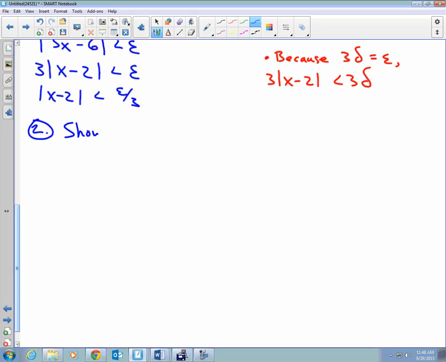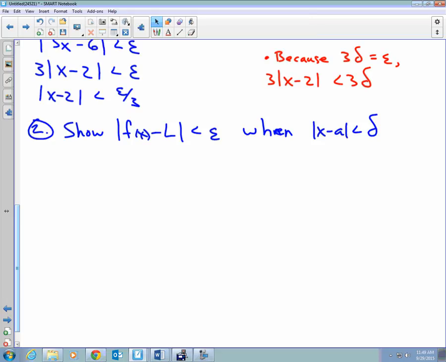Show the absolute value of f of x minus L is less than epsilon when absolute value of x minus a is less than delta. So I found a delta value that works, but now I want to show this statement to be true. You'll understand when we finish here exactly where all this comes from.